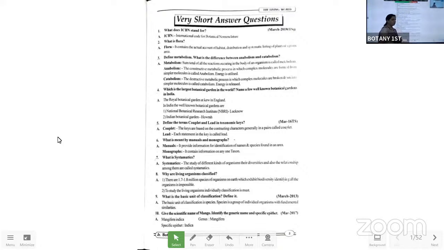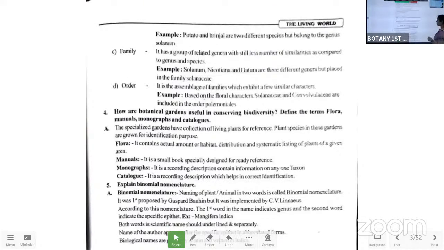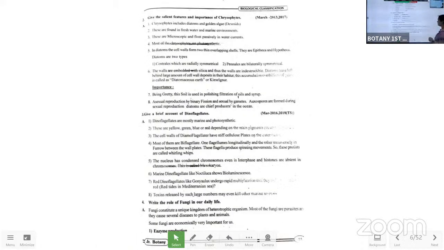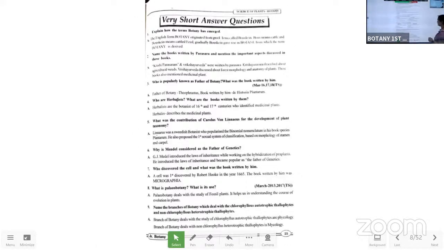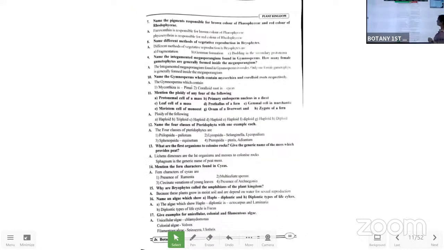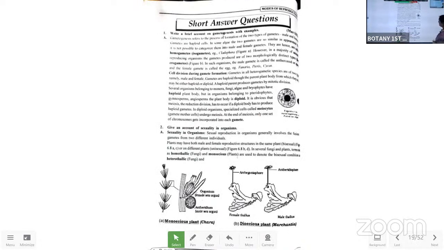That we cannot say, so we will see VSAQs and SAQs of that chapter afterwards. Now we will start with the 6th chapter, modes of reproduction.